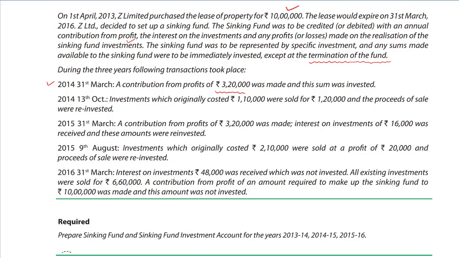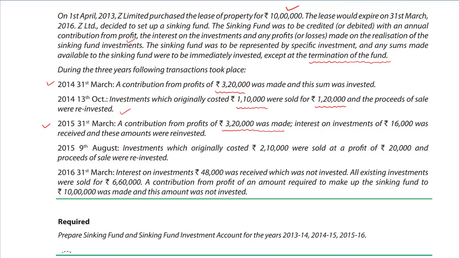On 13 October 2014, investment which originally cost 1,10,000 was sold for 1,20,000, and the proceeds of sale were reinvested. In 2015, on 31st March, a contribution from profits of 3,20,000 was made.